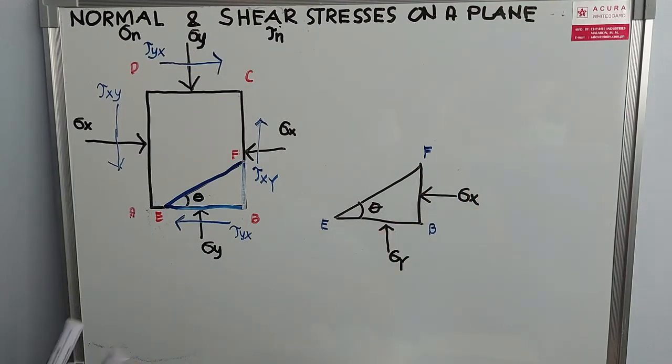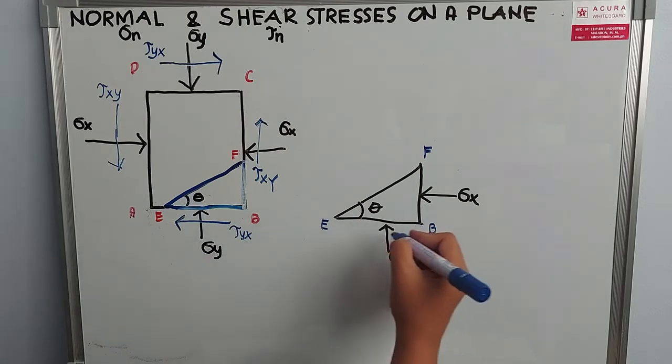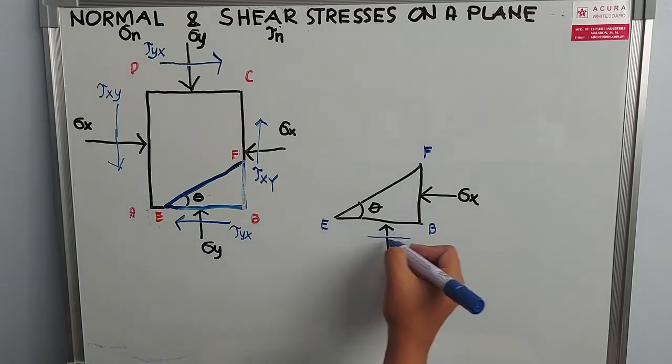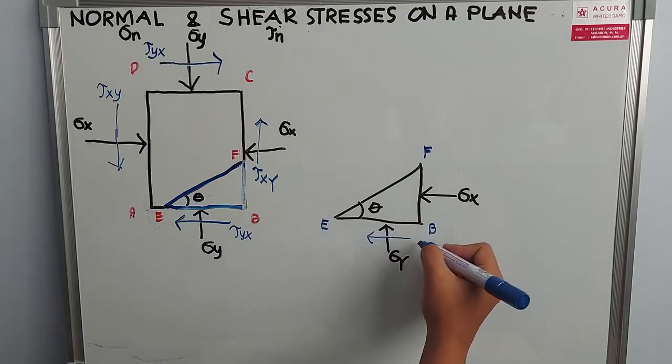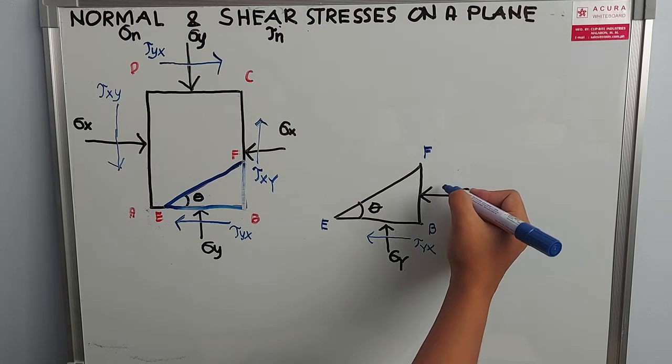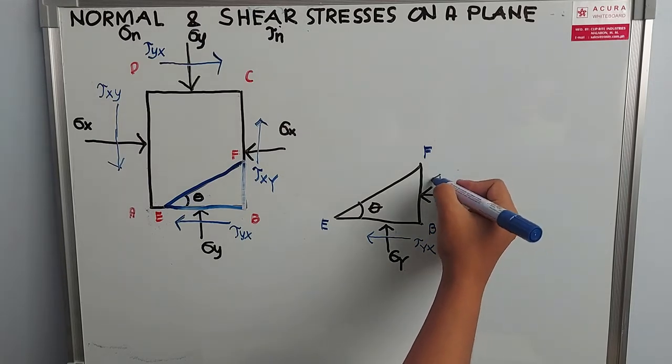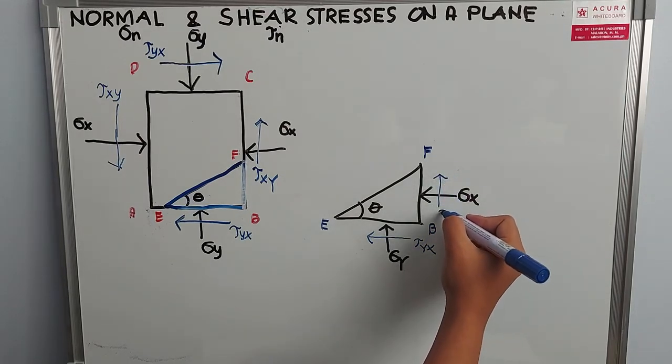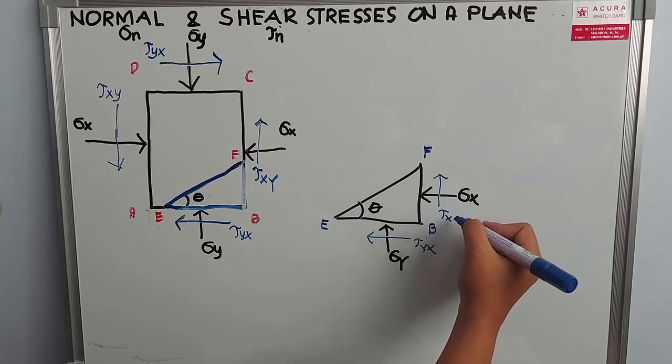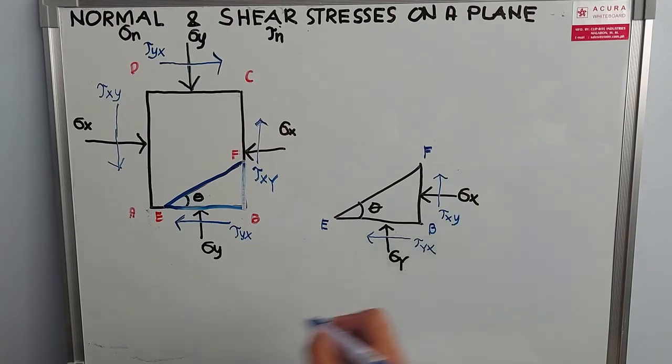And then, we also have the shear stress. Shear stress crossing y-axis acting on x direction. Then we have here your shear stress crossing the x-axis acting on y direction.